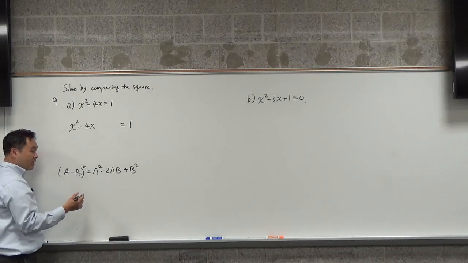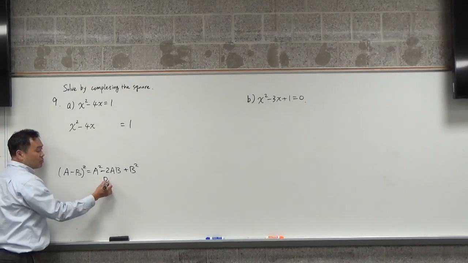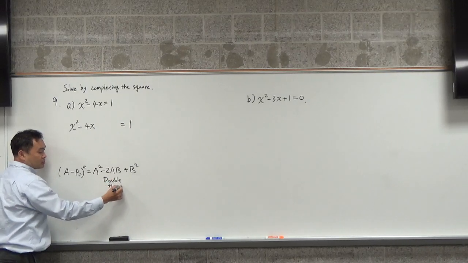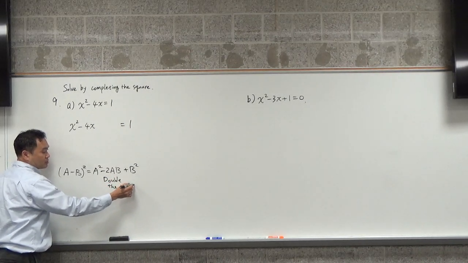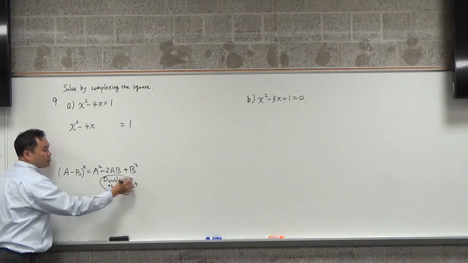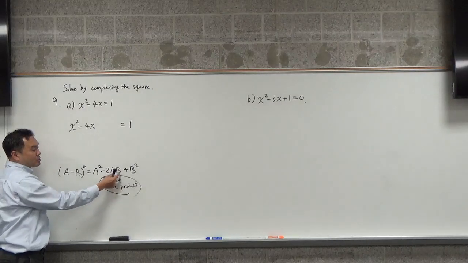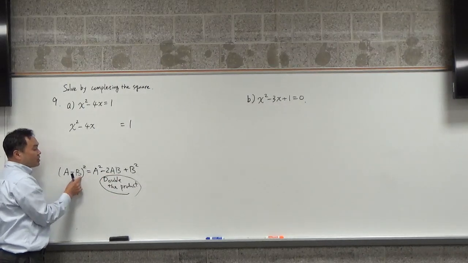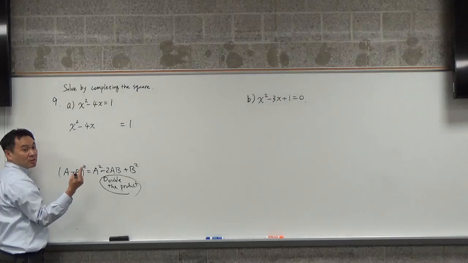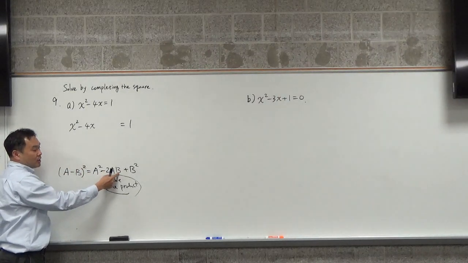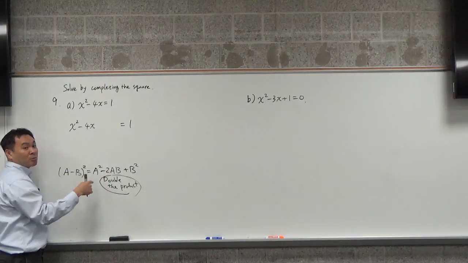So I keep saying double the product. This thing happens in the middle, double the product. I say it's double the product because a times negative b is negative ab. That's the product, right? Product means multiplication. And this 2 means you're doubling it.